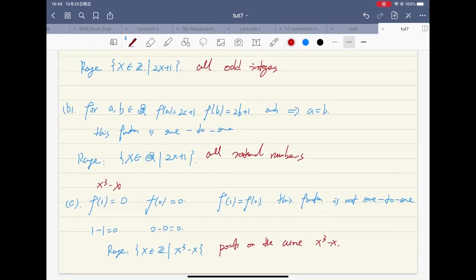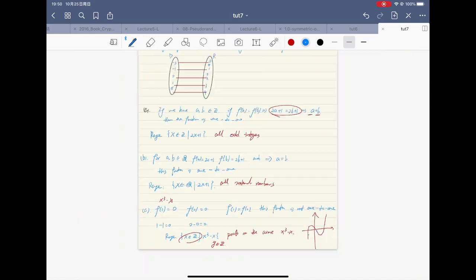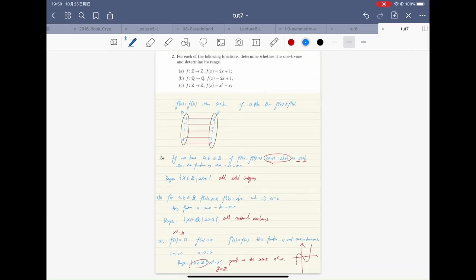Because x belongs to the integers and y belongs to the integers as well. So we have the curve like this, and those will be the points on this curve, right? That's question 2.